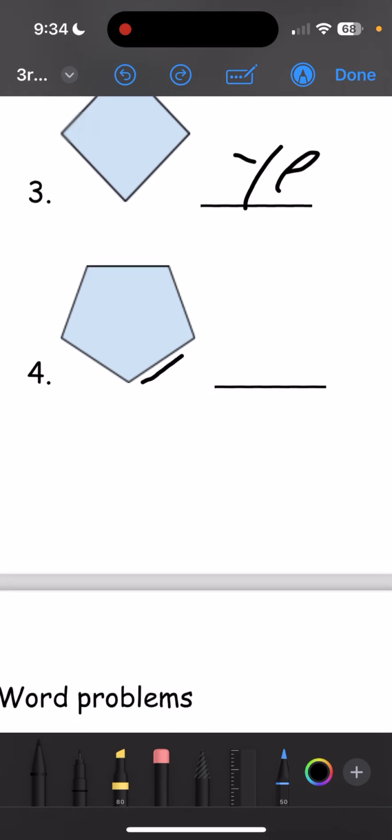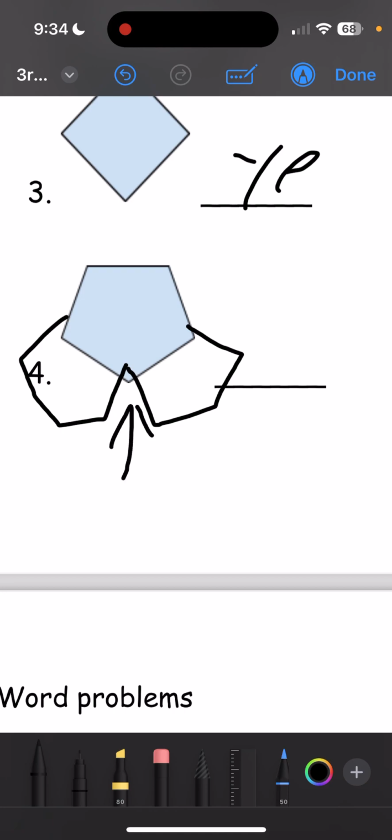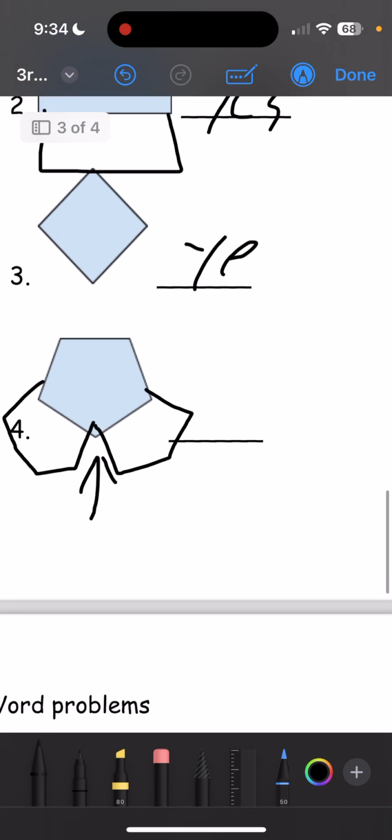It would leave a gap right here and the gap right here. And there is obviously a gap right between the pentagons, so this would be no.